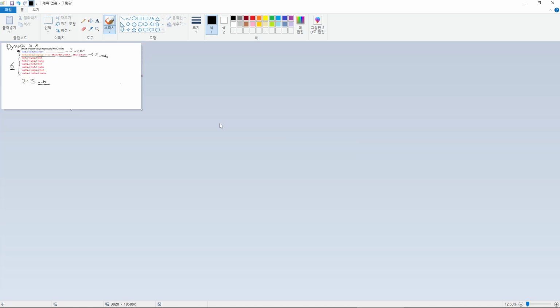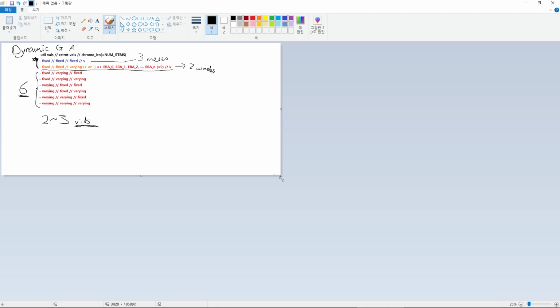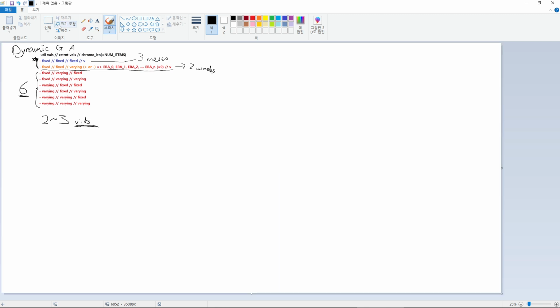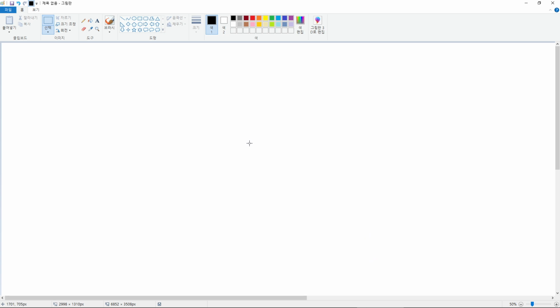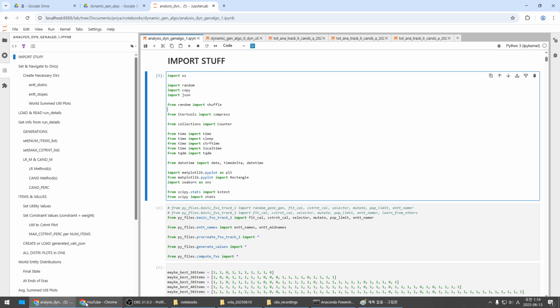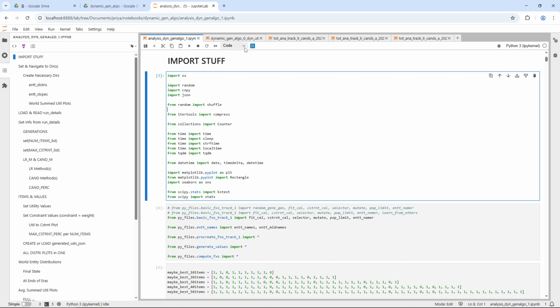That's out of the way. Let me just move this, literally get it out of the screen, and let me go through what I have done in order to implement the rest of the settings or methods.